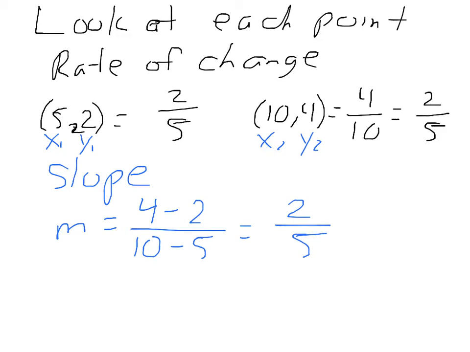Well, doesn't the question say determine the rate of inches per minute? Inches per minute, right. Remember, the y-axis is the inches, and the x-axis is the minutes. So inches would be y over x. That's why it's 2 over 5, because I want the y over the x.